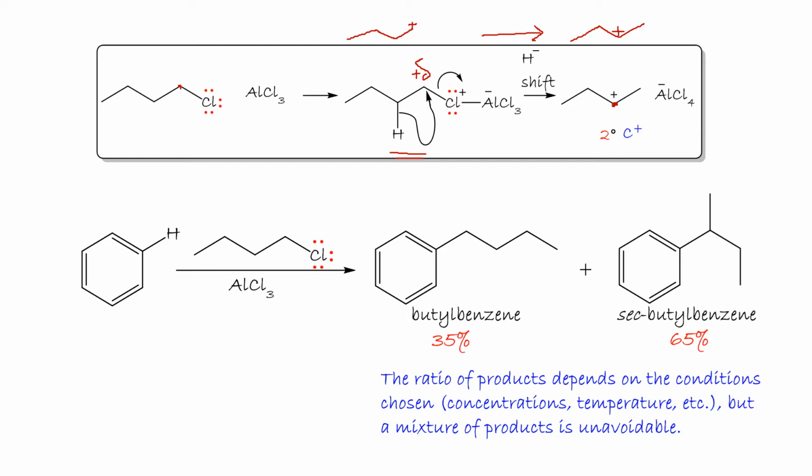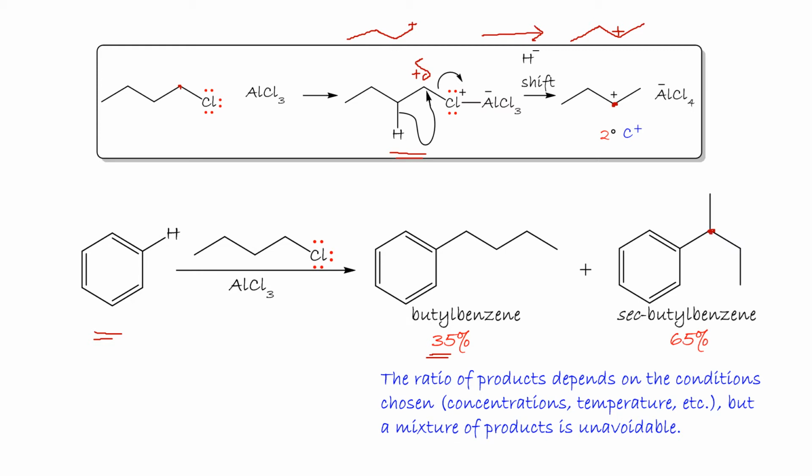Anyway, with benzene and a primary alkyl halide, we get the alkyl benzene, and we can get the rearranged product. You always have a mixture.